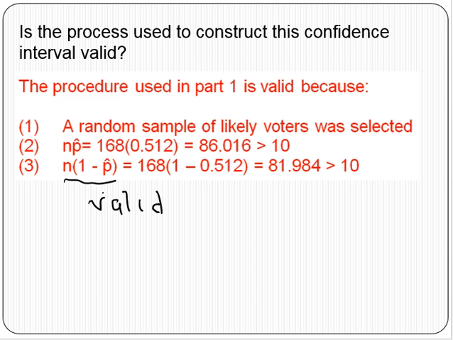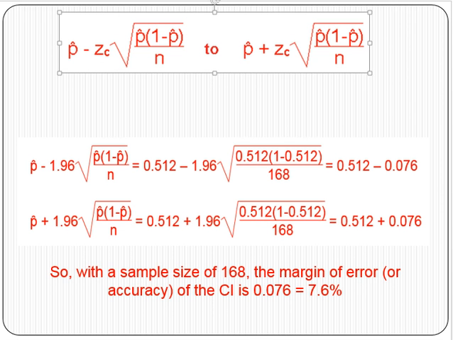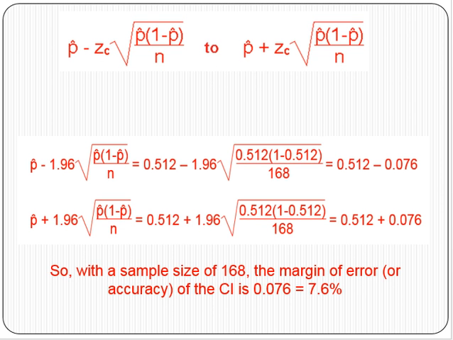All right. Now, let's take a look back at that. Our formula for a confidence interval for a proportion is p hat plus or minus the Z confidence value times the square root, which is the standard error, the standard deviation of our p hats, which is the square root of p hat times 1 minus p hat over n. This portion of the formula is called the margin of error.